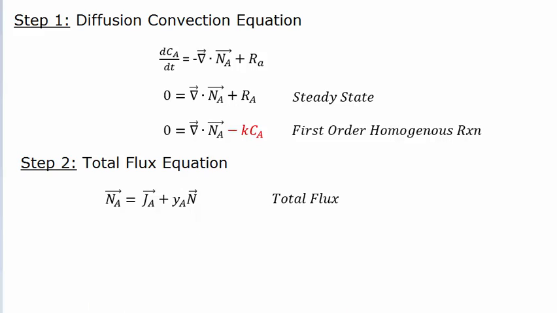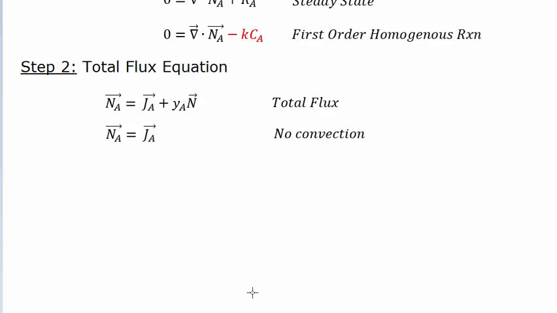What we're going to do is ignore the advection and assume that the only mechanism for mass transport here is going to be diffusion. You'll see that even with these rather large simplifications, things will get very, very complicated further on out.